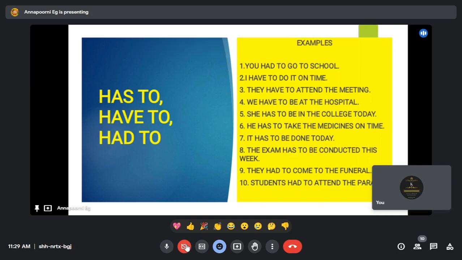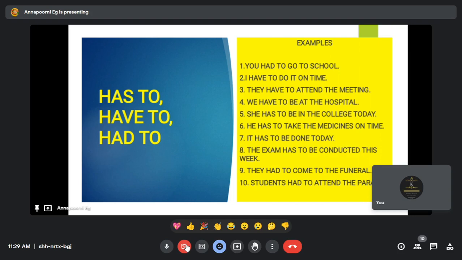Okay, Aradhana, the last five sentences, 6 to 10. He has to take the medicines on time. It has to be done today.